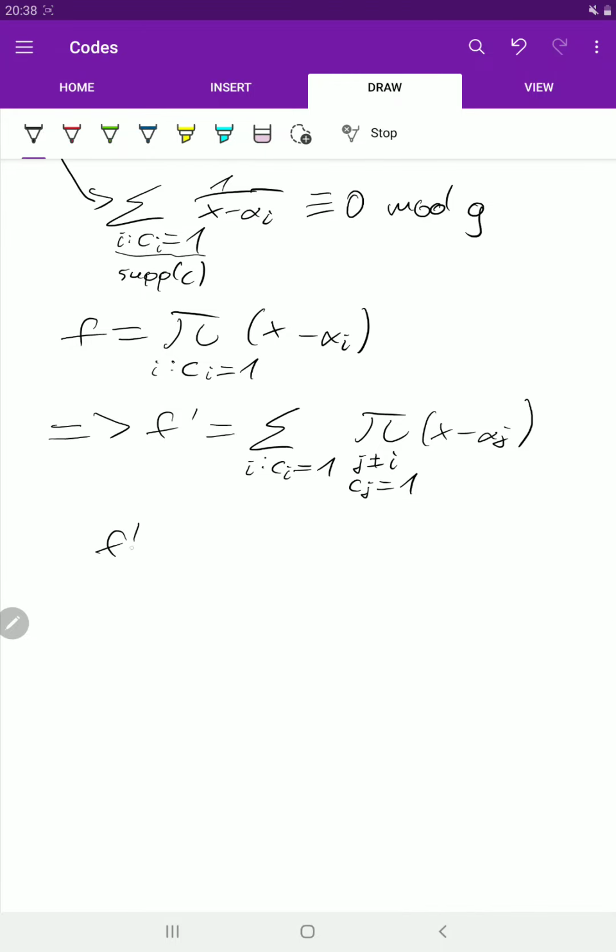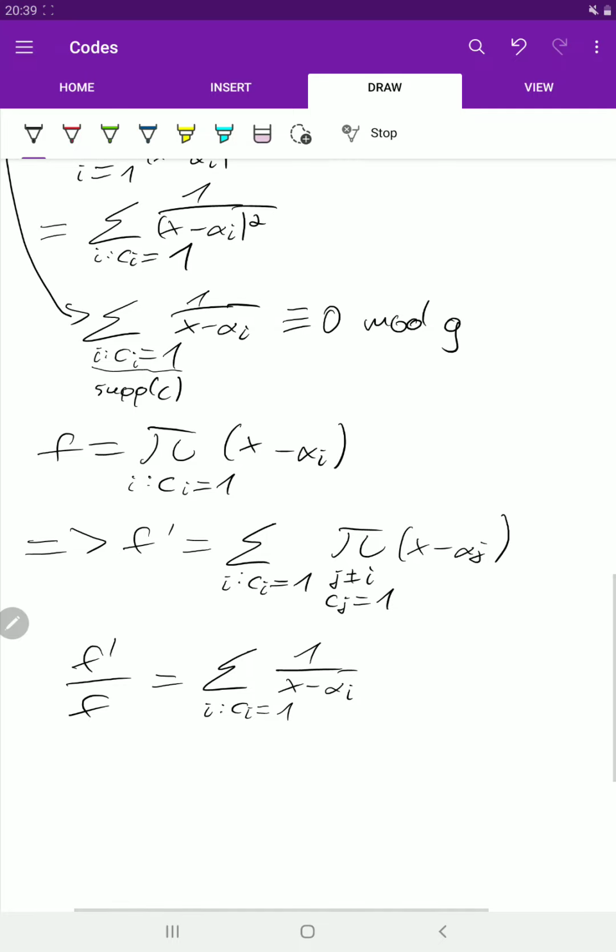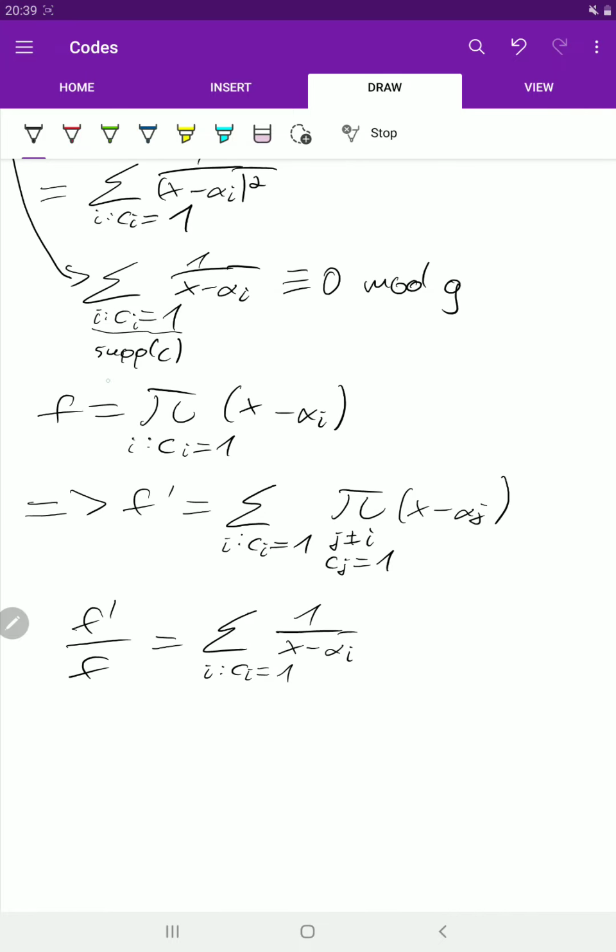And now we take f prime divided by f, and that's the sum over i where ci is 1, and then we get 1 over x minus alpha i. So this is what we want to look at in the first place. So we get that this is 0 modulo g.